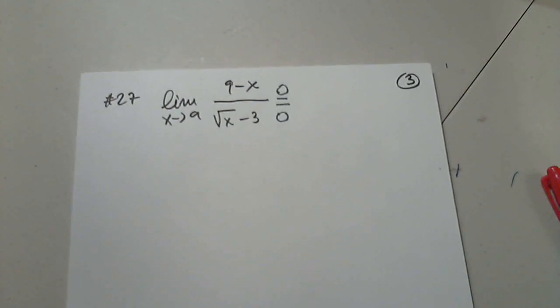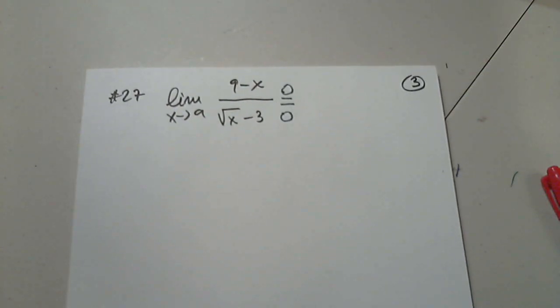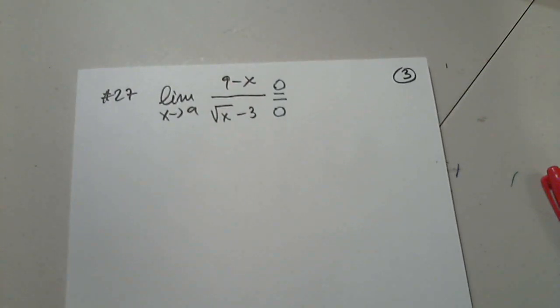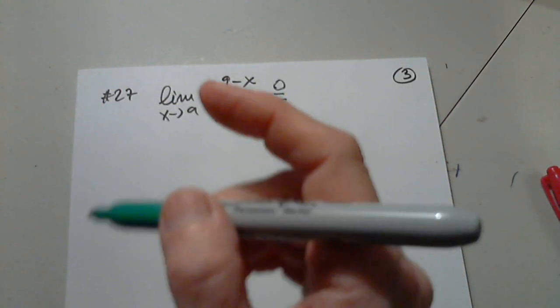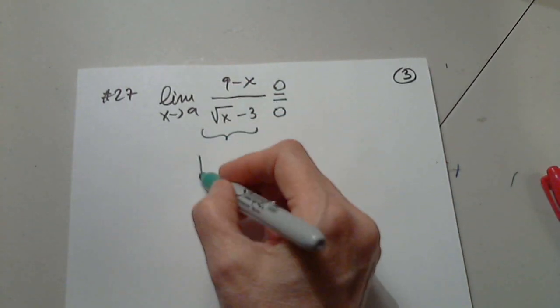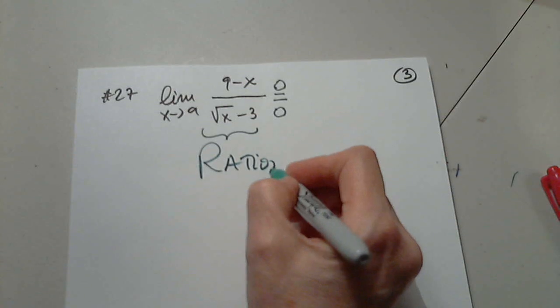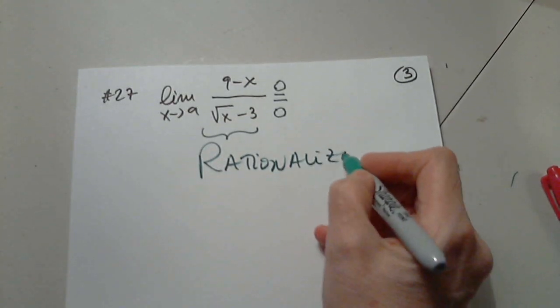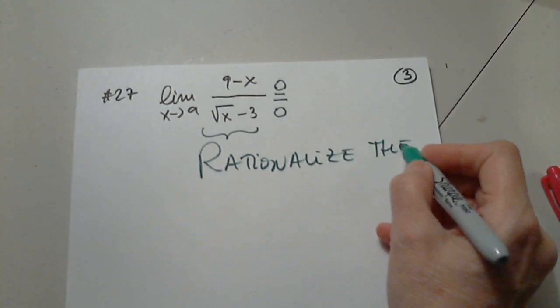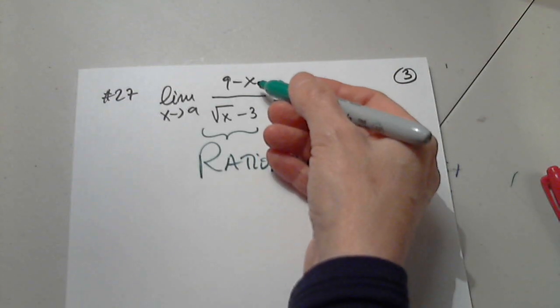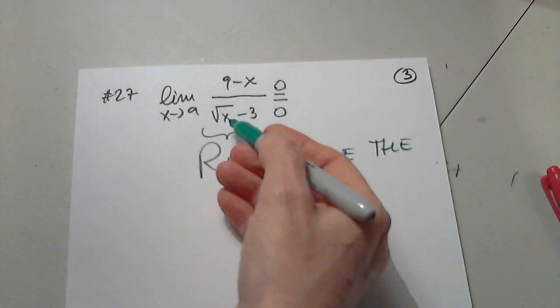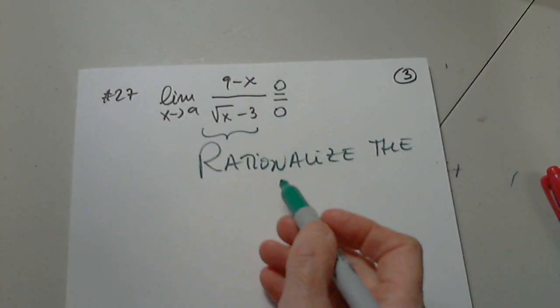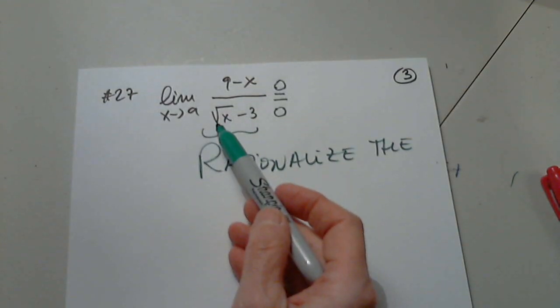So now there is a procedure that we have to use that you may remember or you may not remember. I'm going to explain it again. Rationalize the denominator. Sometimes we rationalize the numerator, but we have to rationalize the denominator because that's the one that has a radical.